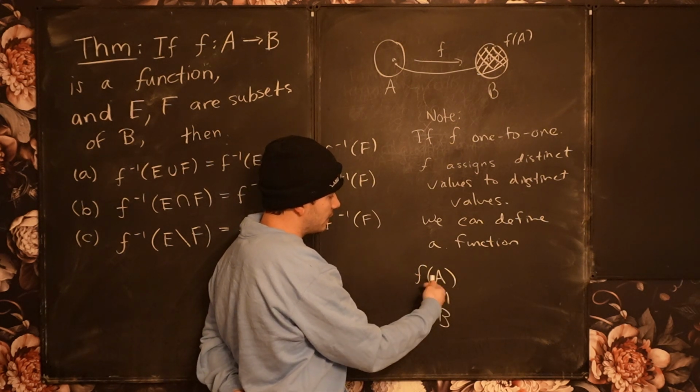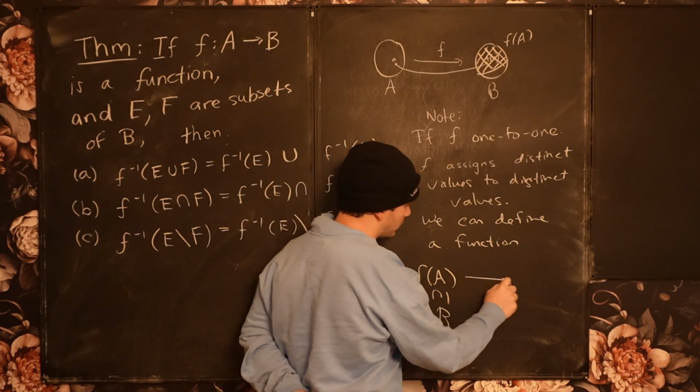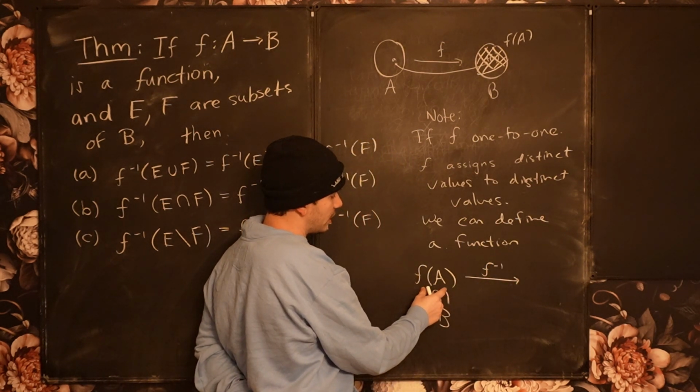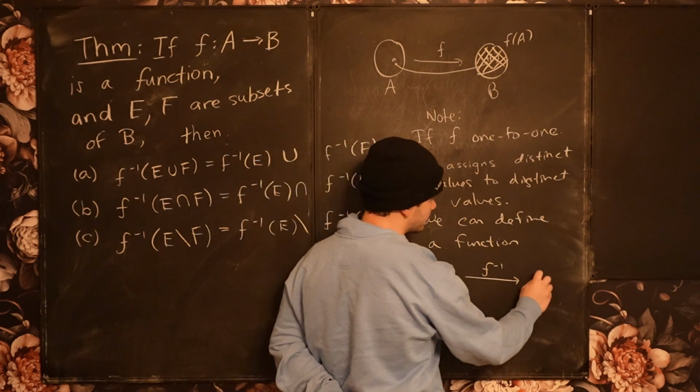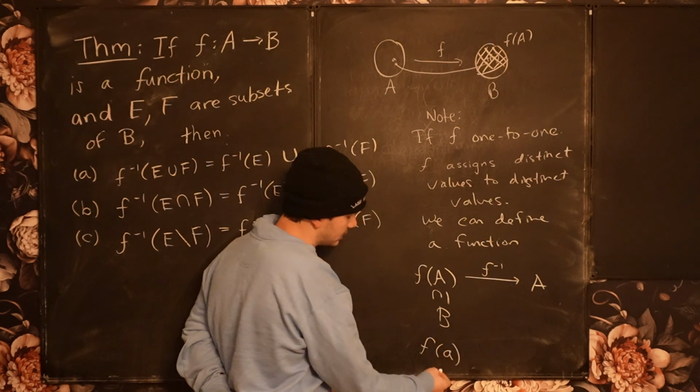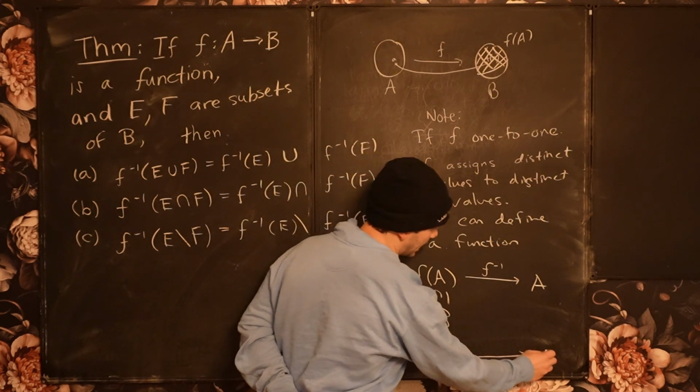Then there's a well-defined function, f inverse, from the image of A under f back to A, which assigns f of a to a.